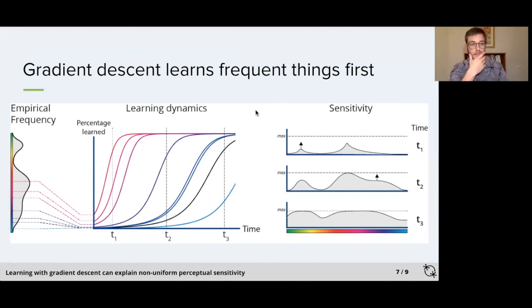For these features, what we find is that the more frequent things are going to be learned earlier than the later ones. At infinite time, everything will be learned, so the sensitivity will be uniform, but at intermediate times, like T1, T2, or T3, it will appear as if the sensitivity tracks the empirical frequency.